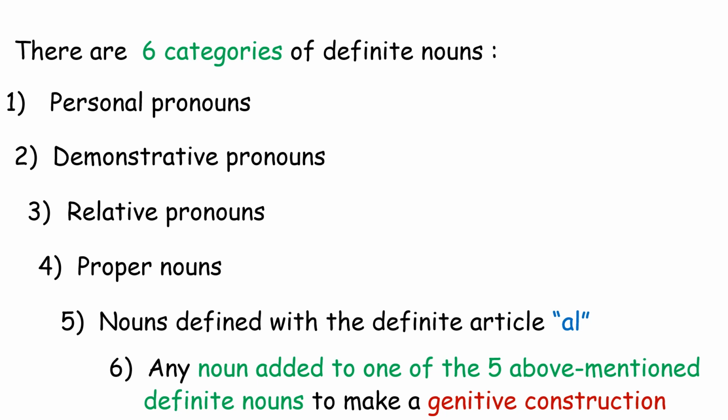Since all of these are definite nouns, they are potential candidates for the position of the subject within the nominal sentence. And because we didn't study all of these definite nouns yet, what we are going to do is to start exploring all of the remaining options as needed and as encountered in order to increase the range of our options in terms of forming nominal sentences.